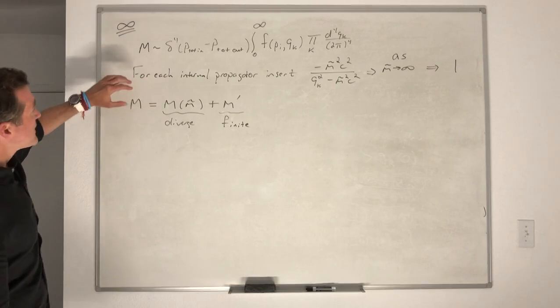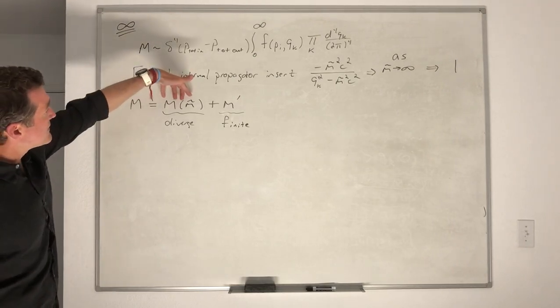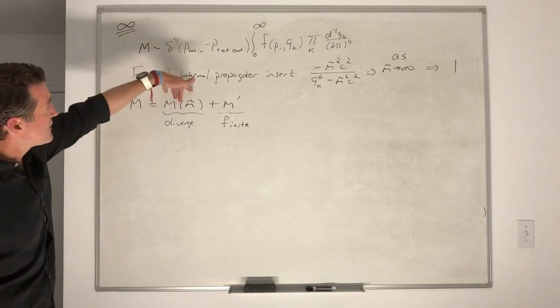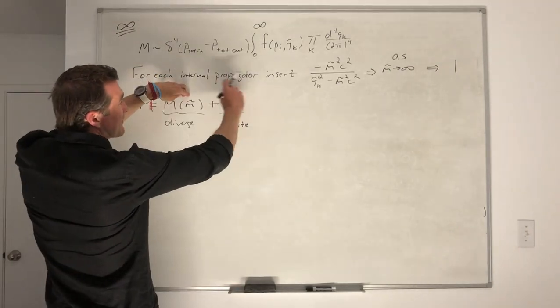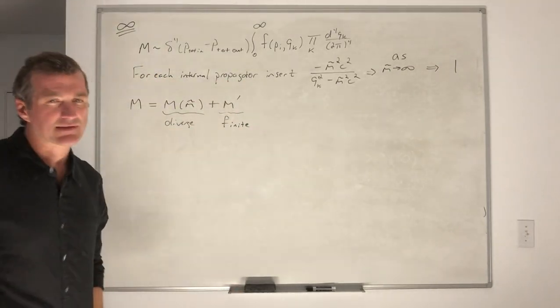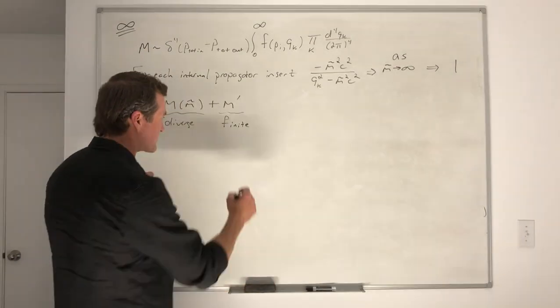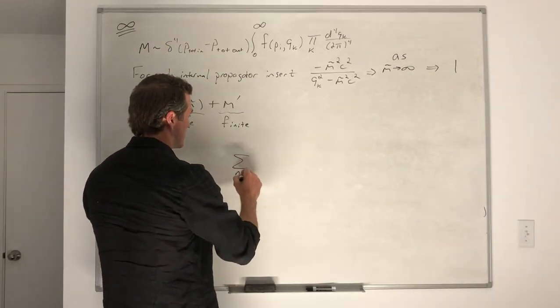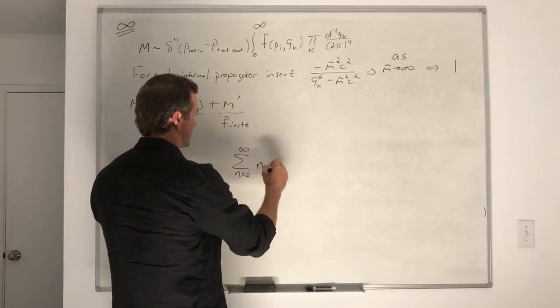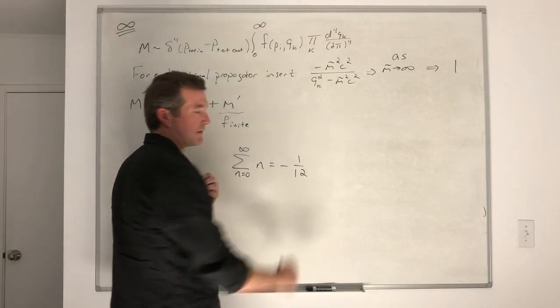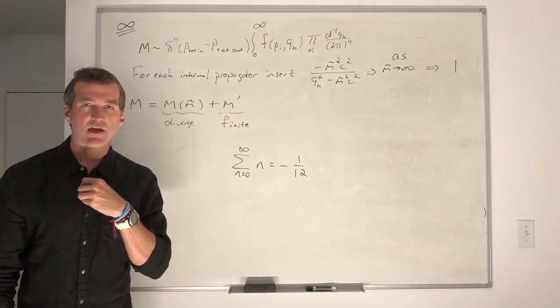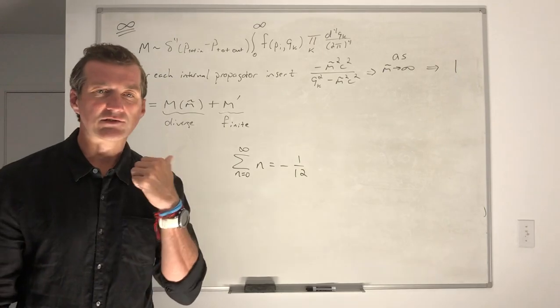And so what we've done is we've encoded the divergence of M in one term, and we've pieced off a finite contribution. So how many of you have ever seen this expression? Is that true?